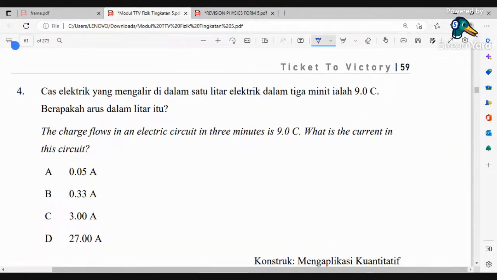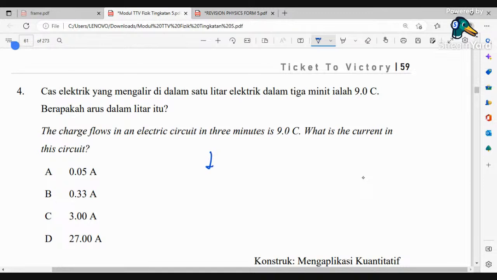Now let's look at number 4. The charge flow in an electric circuit in 3 minutes is 9 coulomb. What is the current in the circuit? Remember, after you have discussed charge, you are introduced to charge flow in an electric circuit. This introduced the concept of current.